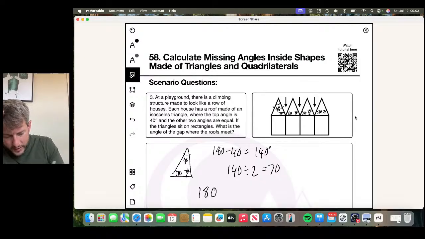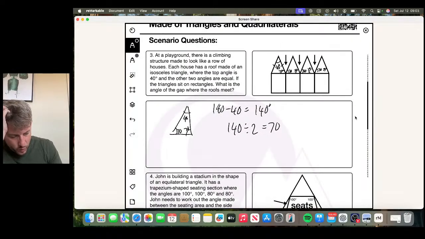So what we need to do is, this is a straight line. The situation we're looking at, outside of this diagram, is a straight line. We've got that there, and that there. This is 70. This is 70. So we need this angle here.